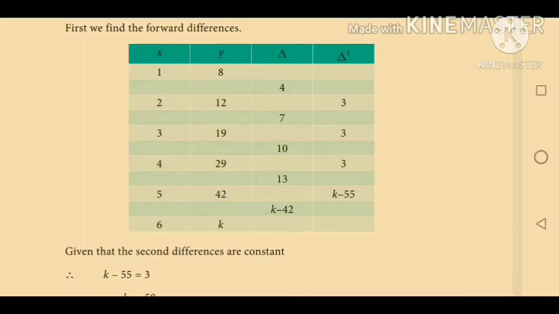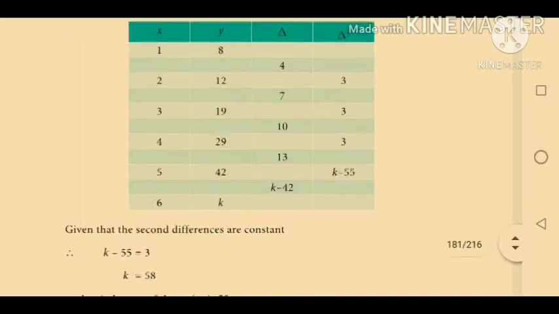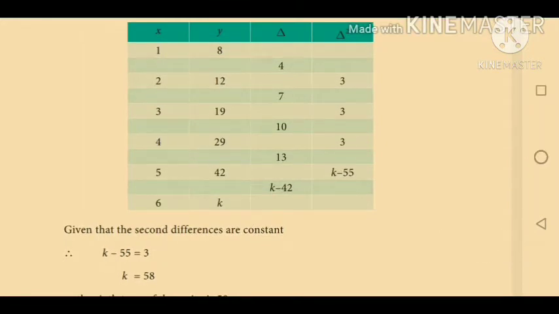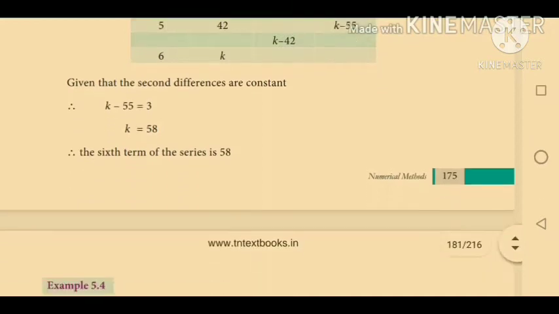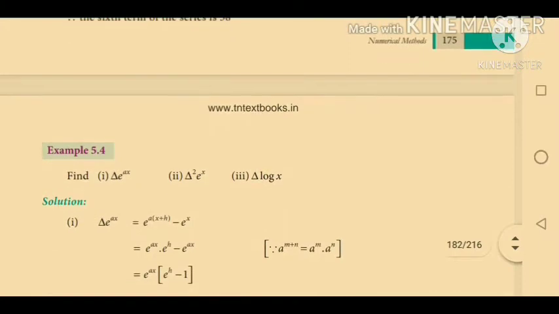Then k minus 42 minus 13 is also 3, because it is said that it is constant. So k minus 55 equals 3. Therefore k equals 58. That is, the sixth term is 58. That is the answer for this question.